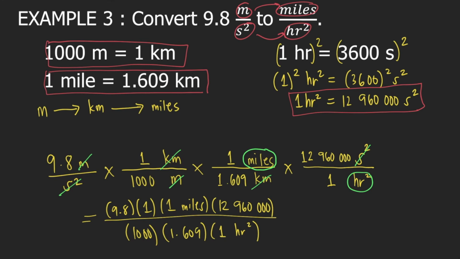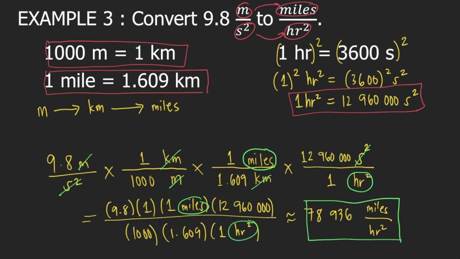And if you solve this in your calculator, this is approximately equal to 78,936, and the unit would be miles per hour squared. And this is the answer to the question.